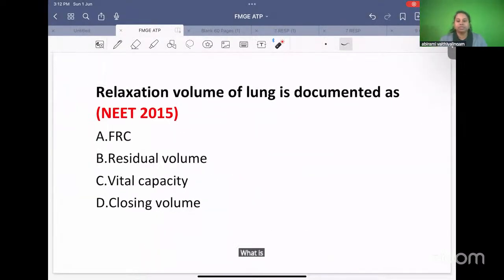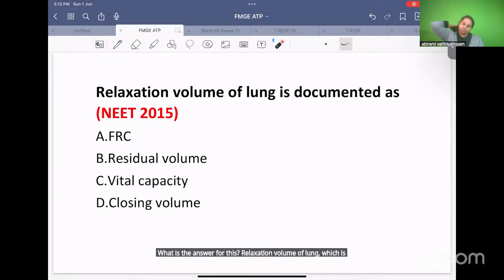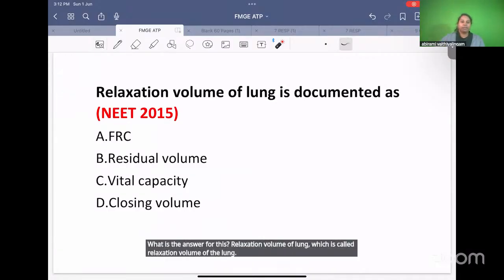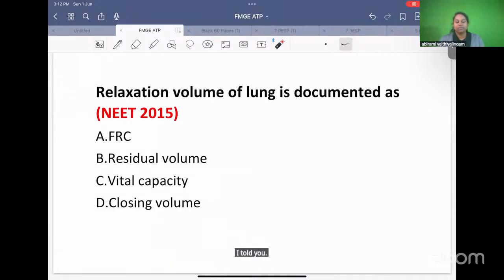What is the answer for this? Relaxation volume of the lung. I told you, at the end of normal expiration, lung is relaxed. What is that volume of air in the lung at the end of normal respiration? FRC, not residual volume.